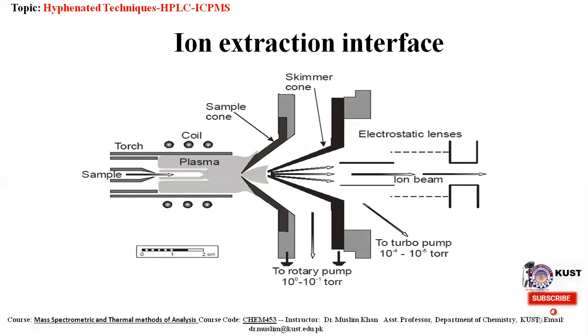Once the ions are created in the plasma, they are extracted by the ion extraction interface and directed into the mass spectrometer. The interface region is maintained at a vacuum of 1 to 2 torr with a mechanical roughing pump.